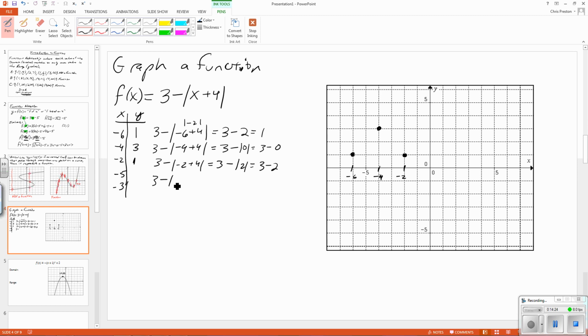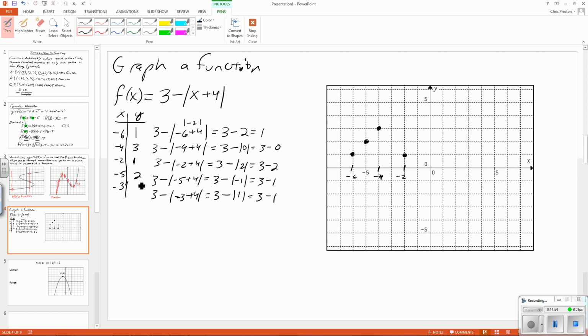So if we continue on, -5 plus 4. Well, that's 3 minus the absolute value of -1. Well, 3 minus 1, the absolute value, is 2. So -5, 2. So -3: the absolute value of -3 plus 4, which is 1. So the absolute value of 1 would be 1.